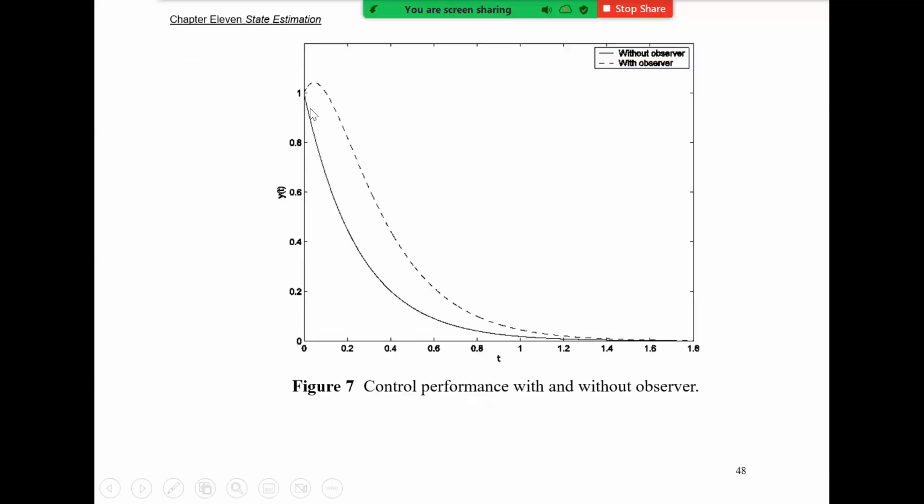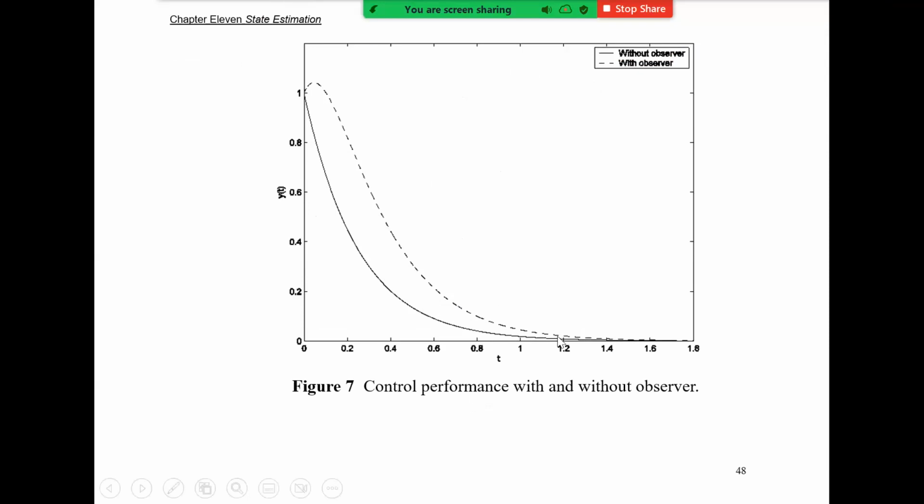This is the one, the solid line, with the original state feedback. This one is the estimated, right? We use the estimated state to replace the original state. So you can imagine, of course, at the beginning there is some difference because the estimation error is not 0.